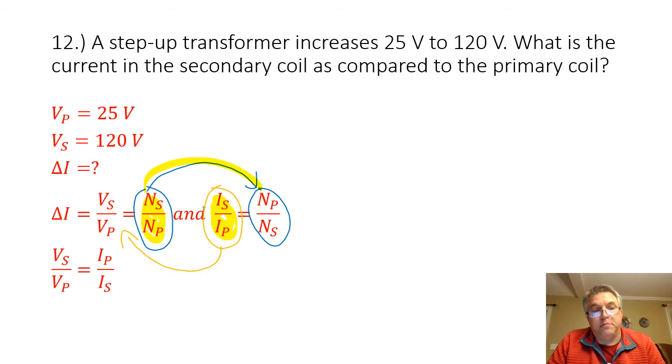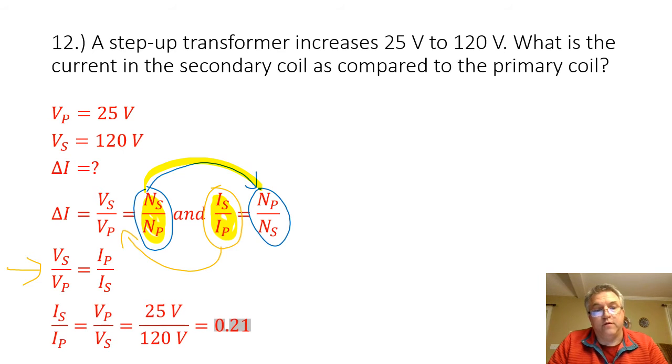So I need to flip both of these ratios over. And when I do that, I have Is over Ip is going to equal Vp over Vs. And my primary voltage is 25 volts divided by my secondary voltage of 120 volts is going to give me a ratio of 0.21.